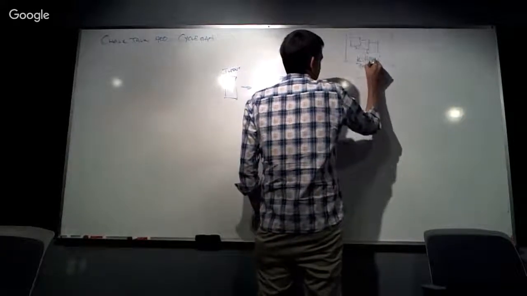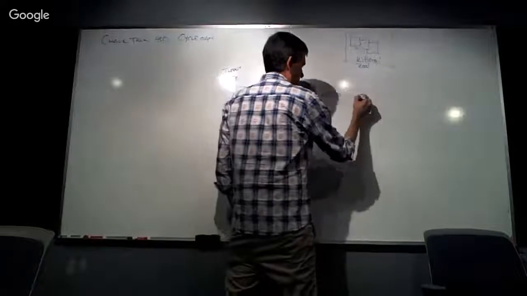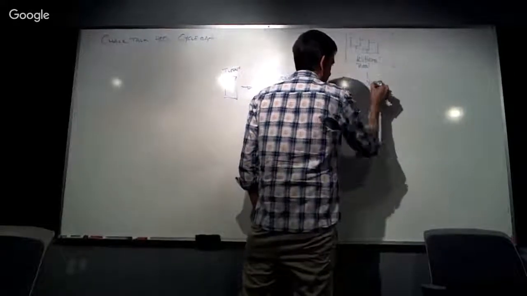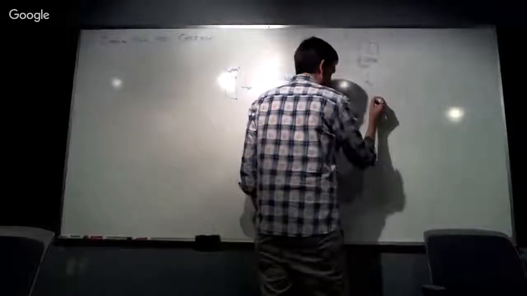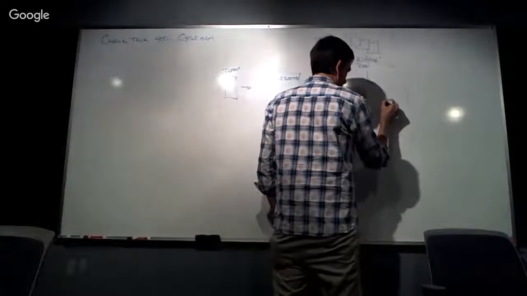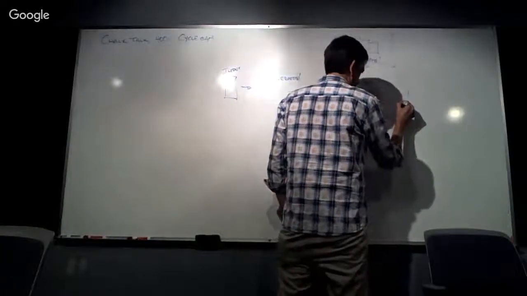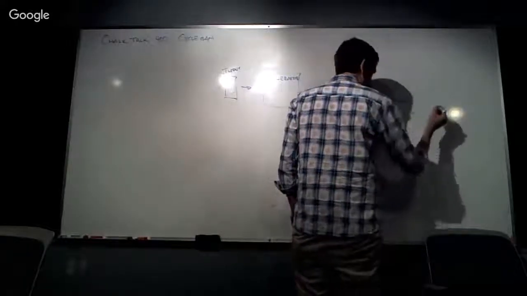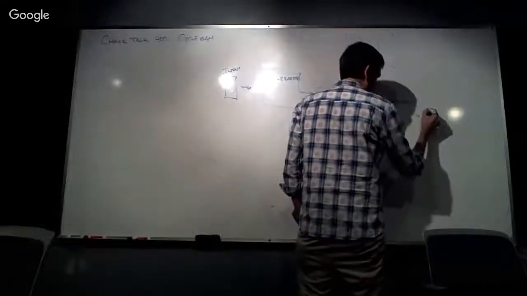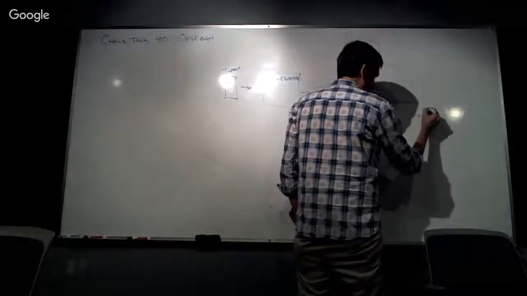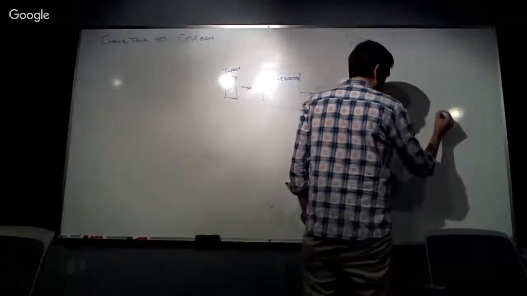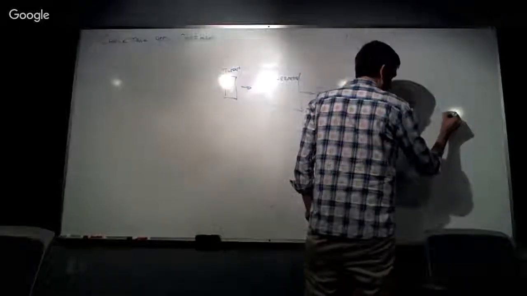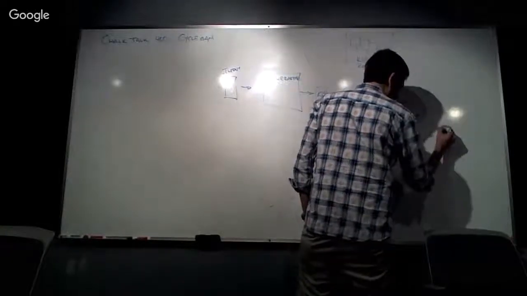And at the end of all this, we have this thing called a discriminator. At the end, it basically produces a 1 or a 0. Is it real or is it fake?